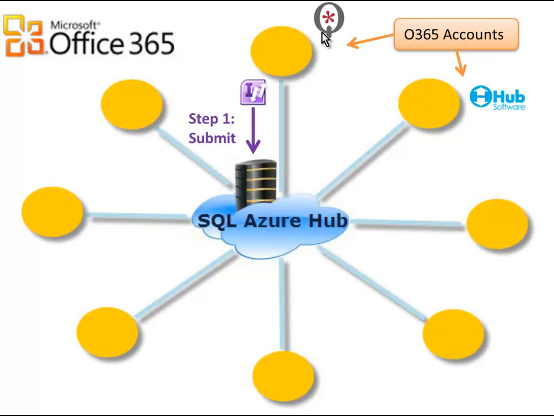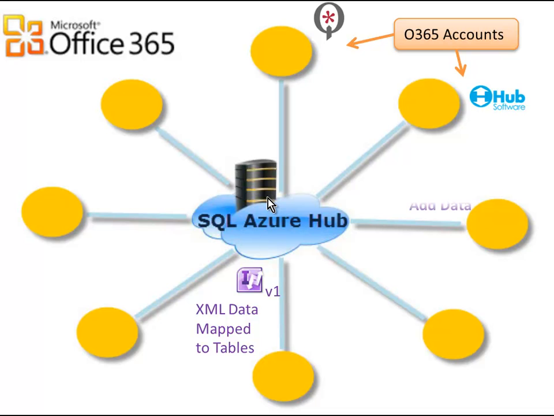So the first thing that's going to happen is, from this qdabra site, I'm going to submit a form from a web page running on this 365 site. That form is going to be submitted to an Azure web service, and that web service is going to map the data into the database. The second thing that you'll see is another company logging in. I'll log in to another site in Office 365, and I will pull the data from the web service into my form.